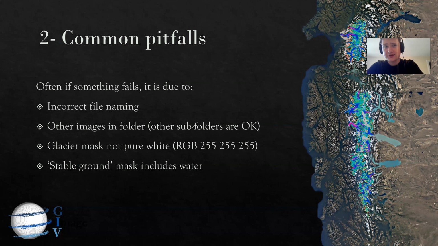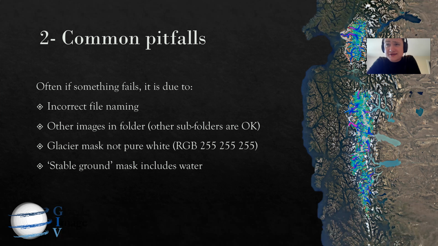Something that can go wrong with your glacier mask is if you don't make it out of pure white pixels. So they need to be RGB 255, all of them, which you can get by automatically painting over it in Illustrator or in MS Paint or in any similar program. But if you accidentally make them very light gray, then they will not be recognized as an ice mask, and you will calculate no velocities.